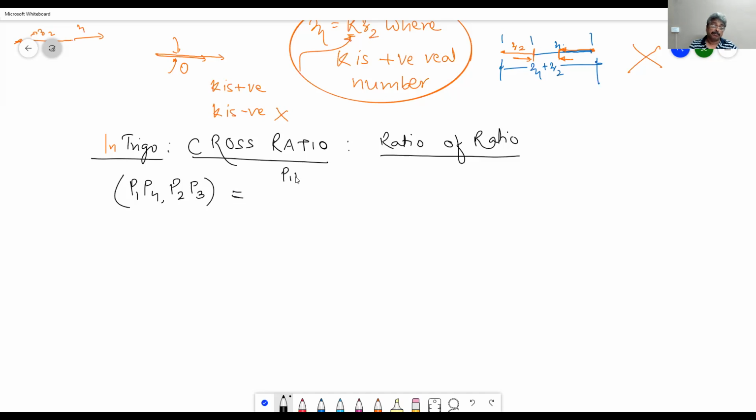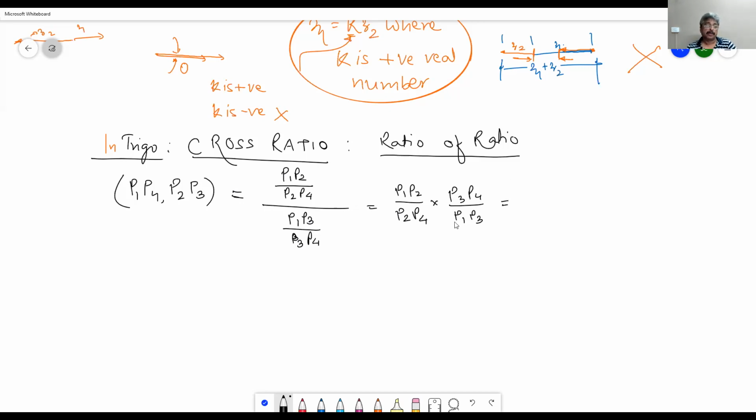It is P1P2 upon P2P4 divided by P1P3 upon P3P4, which is P1P2 upon P2P4 into P3P4 upon P1P3. Right? Yes or no?